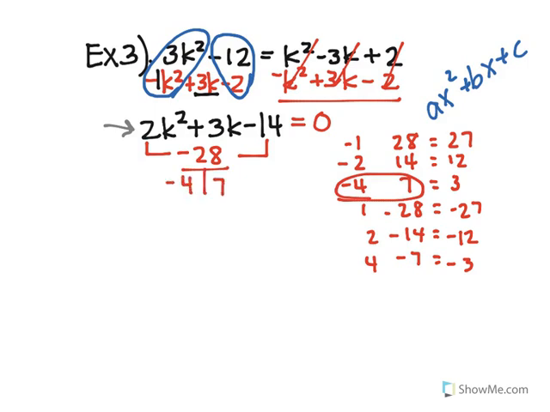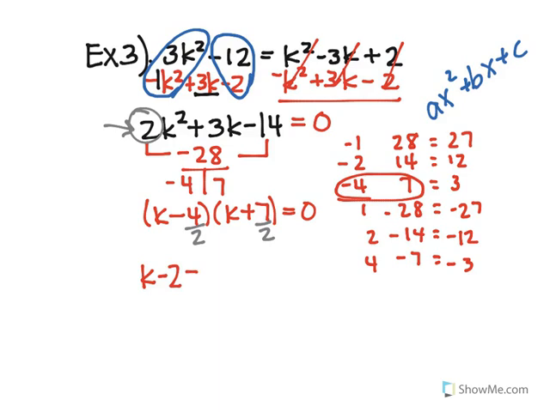Now I can put those in parentheses. So I've got k minus 4, k plus 7 equals 0. But I have to go back, and because this was 2, I've got to divide by 2. Now I've got 4 divided by 2 is just 2, so k minus 2 equals 0. 7 divided by 2 does not reduce, so I can just leave it as 7 over 2.